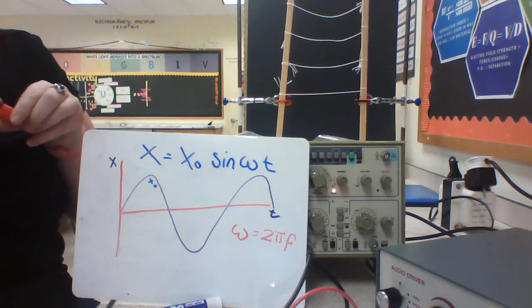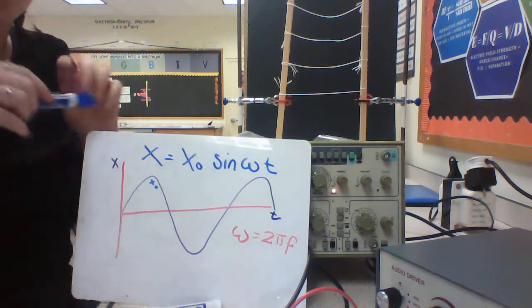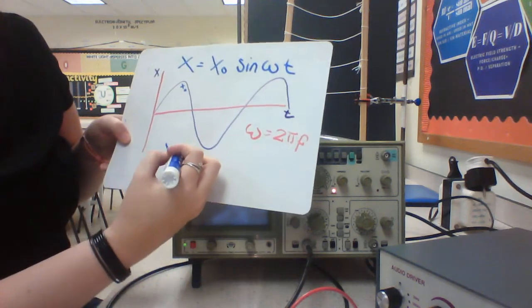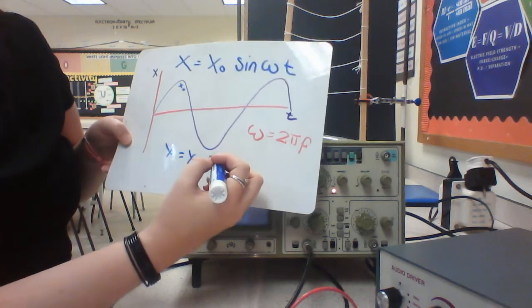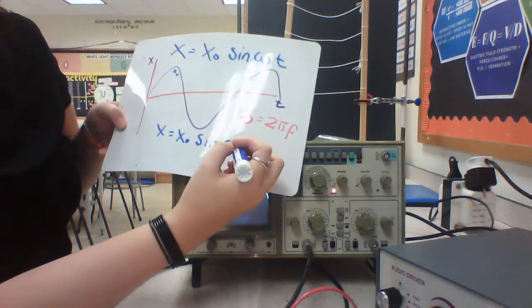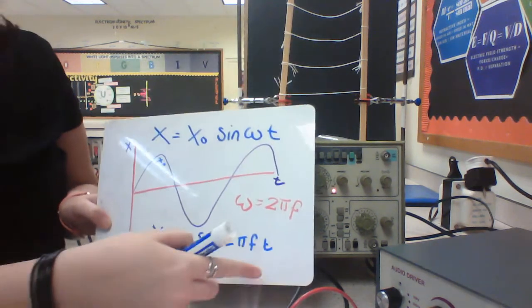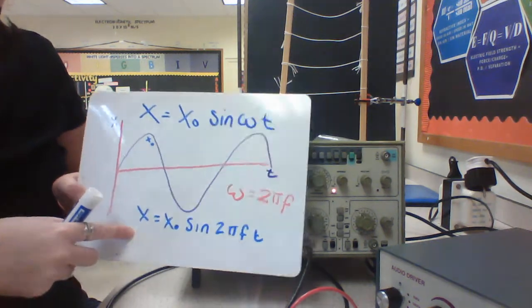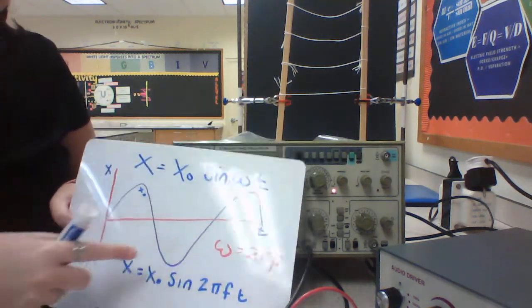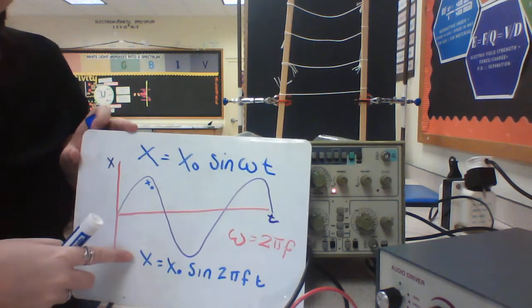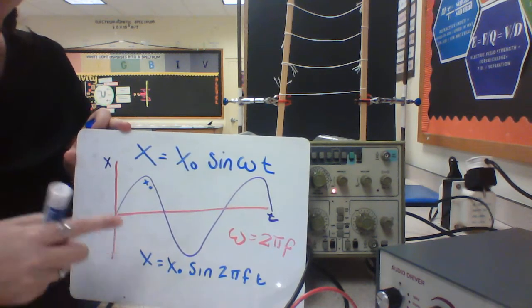So if x equals x0 sine omega t, that means x equals x0 sine 2 pi f t. Little t because it's the time at which you get this displacement, not period. So you can use this to find your specific displacement at whatever time.